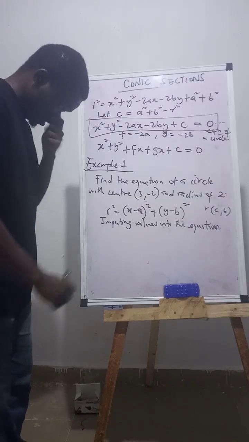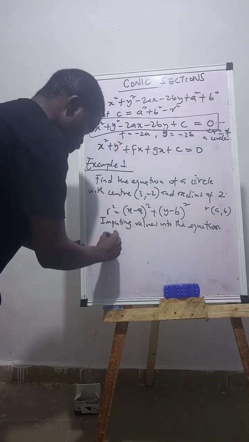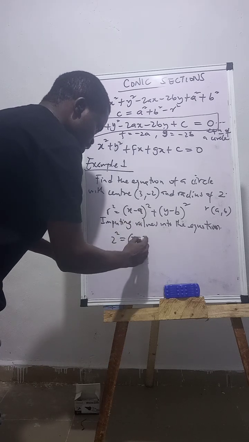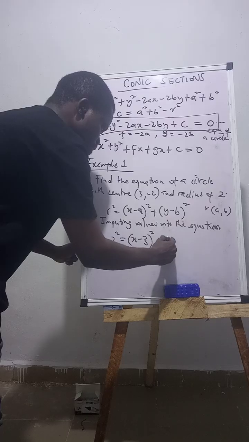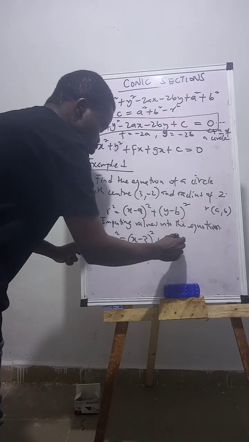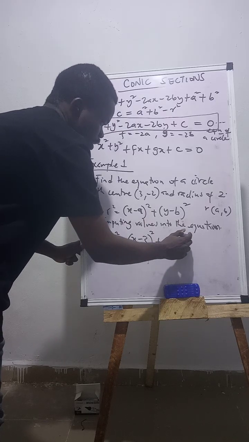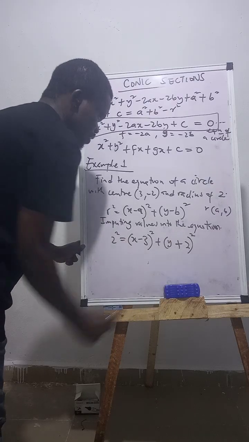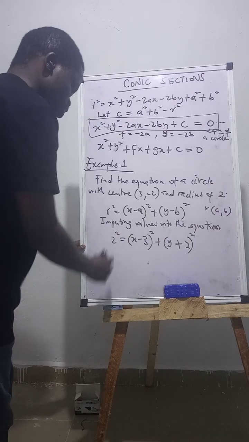What do we have? We have r, which is 2 squared, equals (x minus 3) squared plus (y minus minus 2), which now turns to plus 2, squared. So this is the equation.